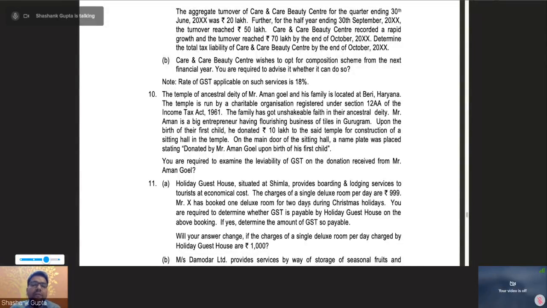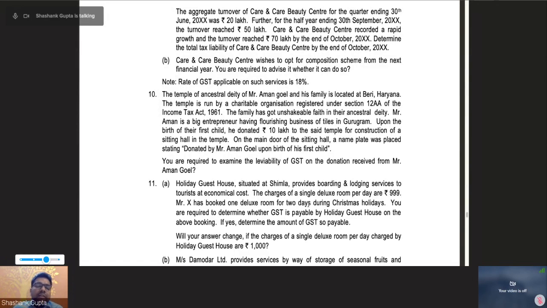Now, a question was raised. When you visit your temple, church, mosque, or Gurudwara, you see that someone has gifted the water cooler, someone has contributed for construction, someone has contributed the fan, and generally it is mentioned that this is contributed by this gentleman in the memory of this person.